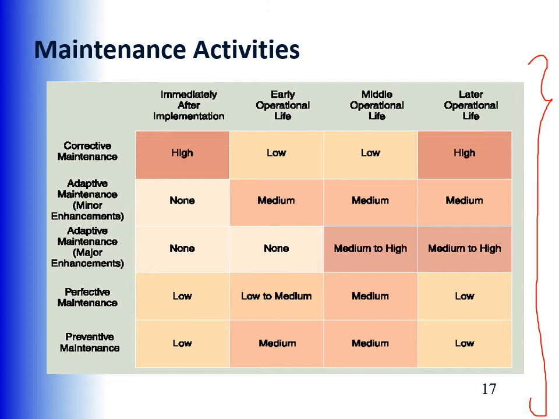Once the system becomes stable, costs usually remain low and involve minor adaptive maintenance. Eventually, both adaptive and perfective maintenance activities increase in a dynamic business environment.